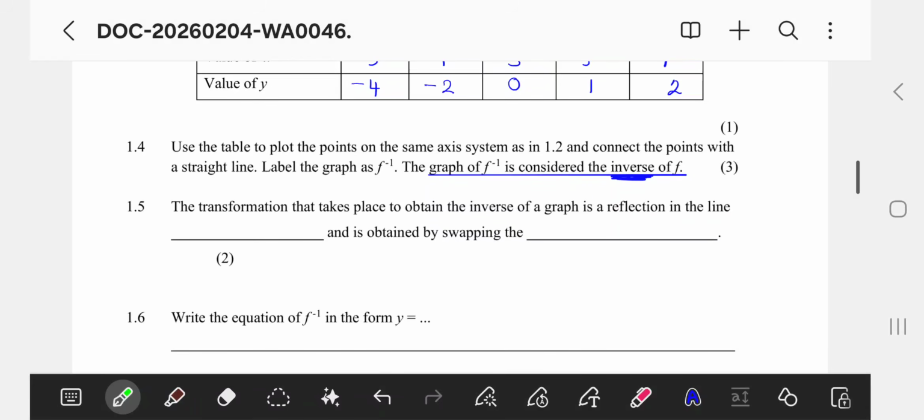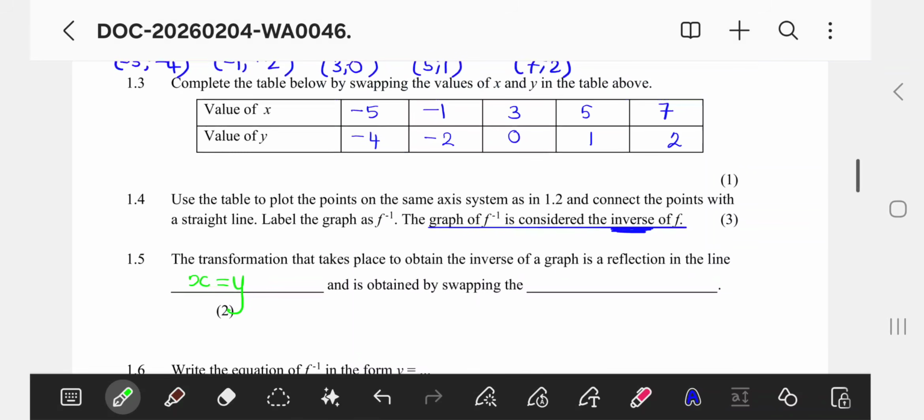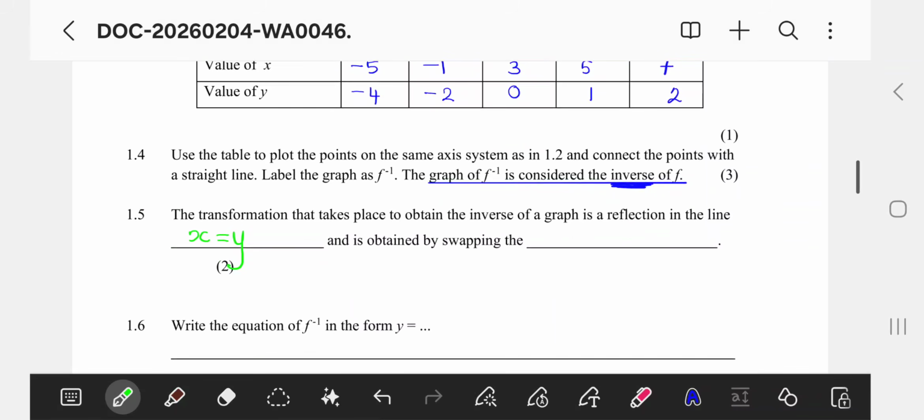Okay, so to come back here, 1.5, it says that the transformation that takes place to obtain the inverse of a graph is a reflection in the line x is equal to y, and is obtained by swapping the, what did we do? We swapped the x and y coordinates.